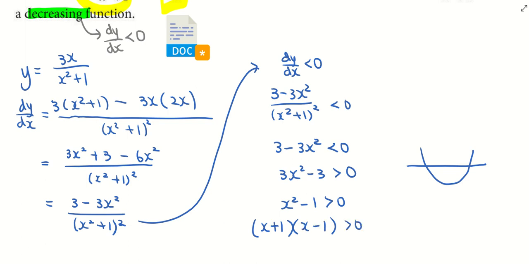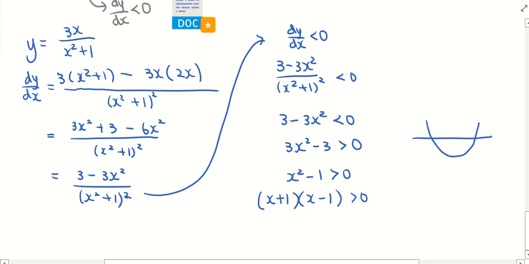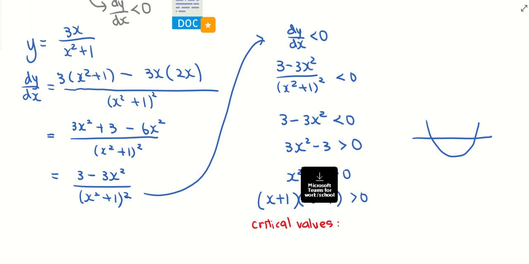So from this one, what are the critical points, the critical values? Means what are my roots for x? This one will give me -1, and this one will give me 1. So my critical values are this and this.